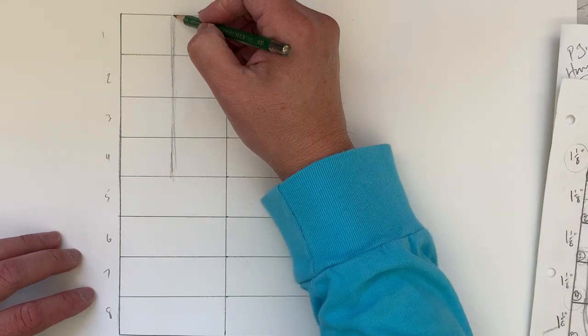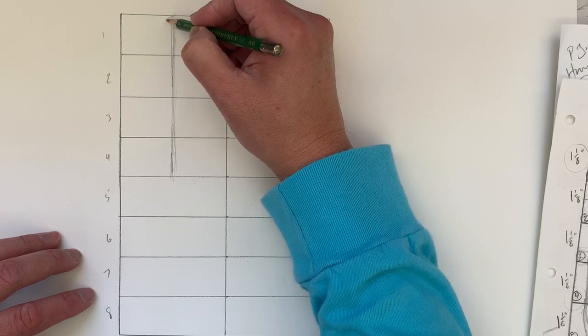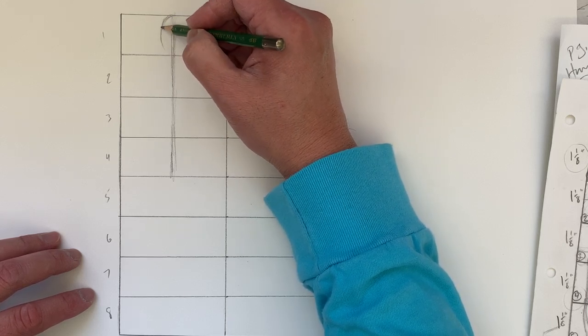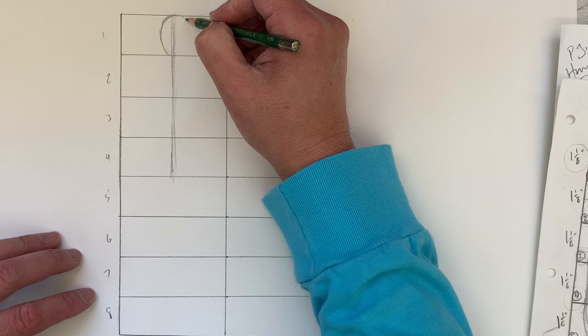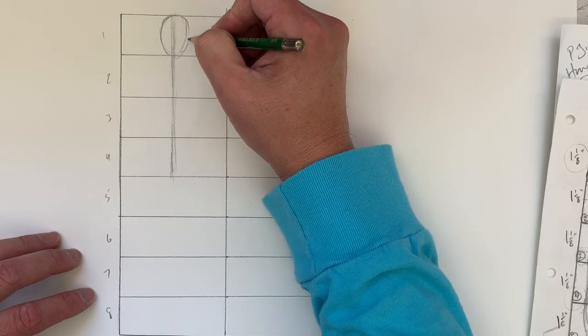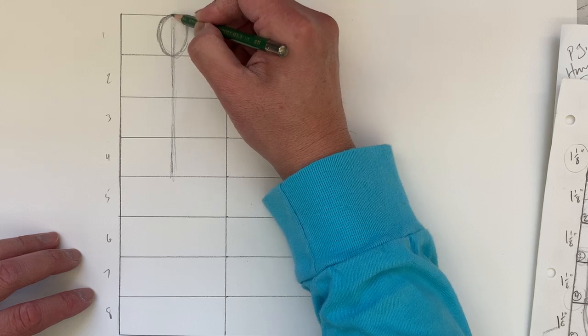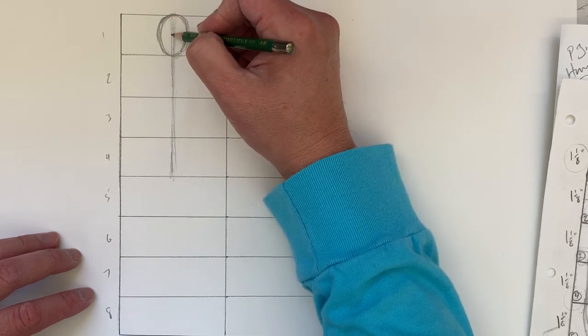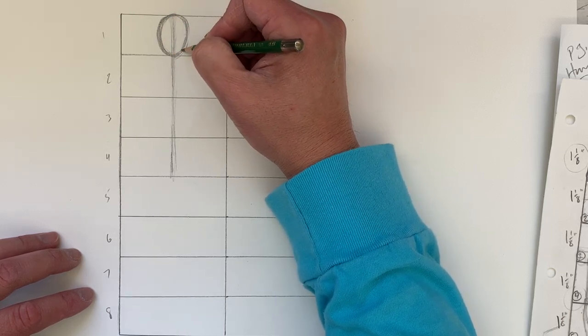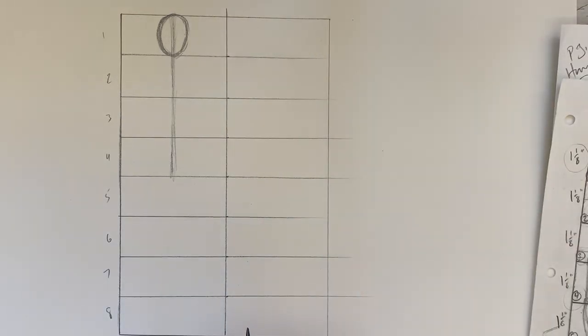Okay. On the very top, we're going to draw an inverted egg. And this is going to represent the human head for right now, okay?